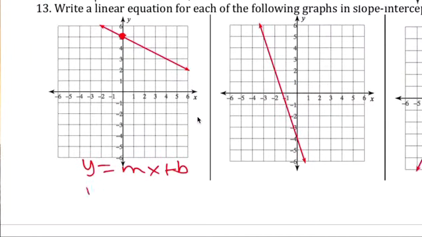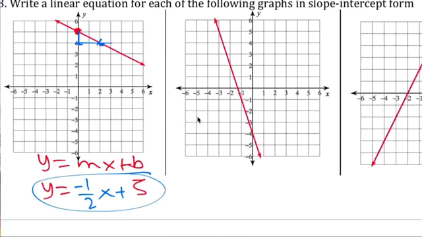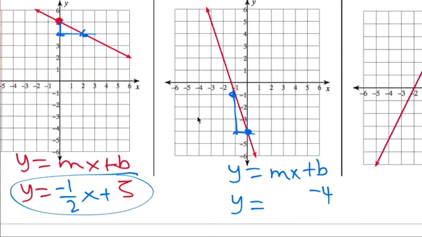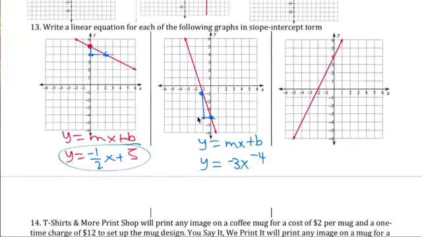B is 5, slope is negative 1 over 2. Here the y-intercept is negative 4, b is negative 4. Slope is going down 3 over 1, so y equals negative 3x minus 4.